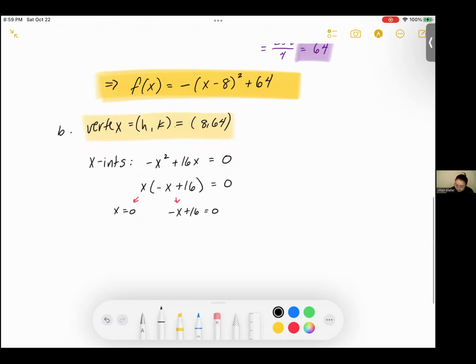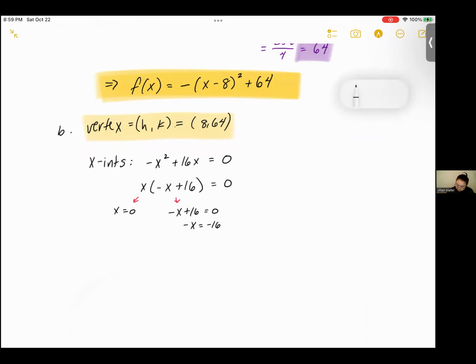We're going to subtract 16 from both sides. We get negative x is equal to negative 16. You can get rid of the negative by multiplying or dividing by a negative 1 on each side, or you can just get rid of both the negatives because that's what would happen. So this means that x is equal to 16.